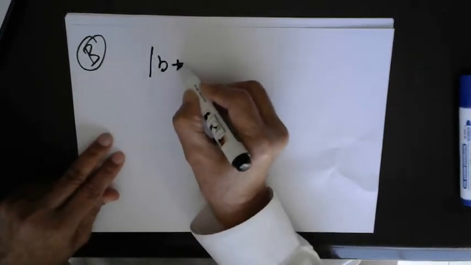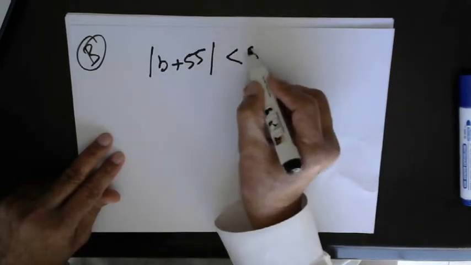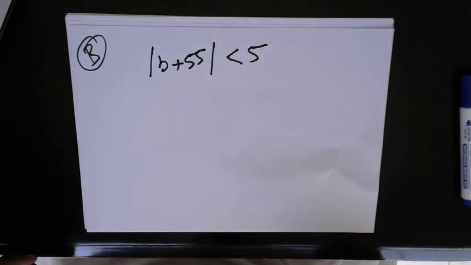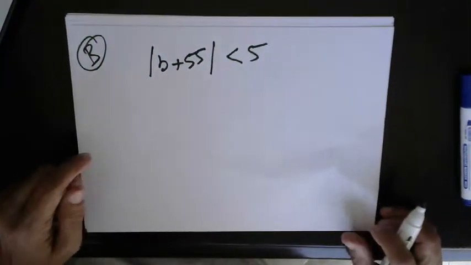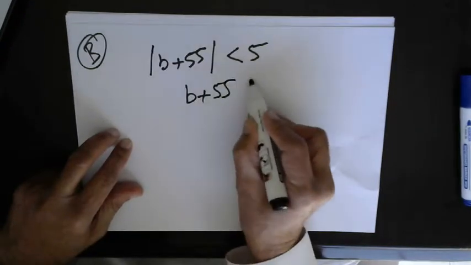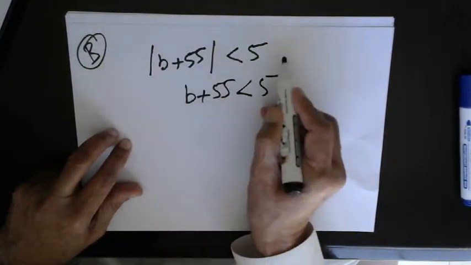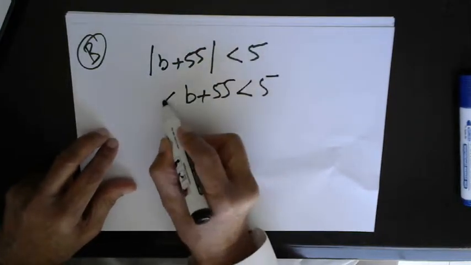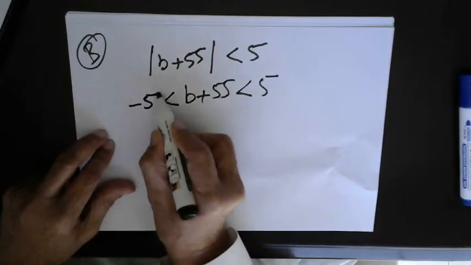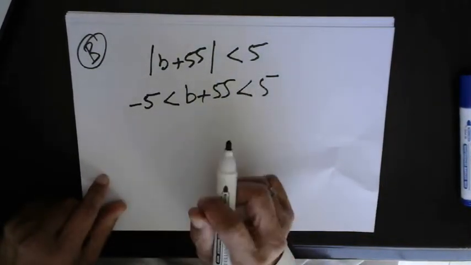Modulus b plus 55 is less than 5. Okay, which means that if b plus 55 is less than 5, still this inequality holds, or if it is greater than minus 5, still this inequality holds.